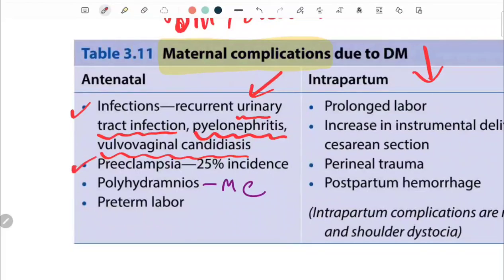Next is preeclampsia, then polyhydramnios, and then preterm labor.